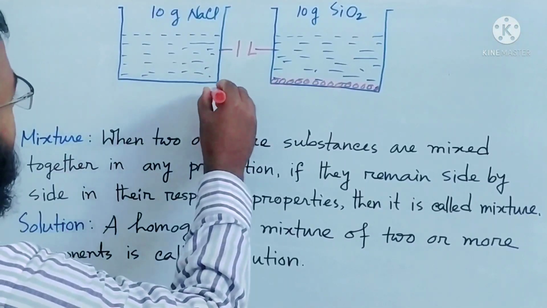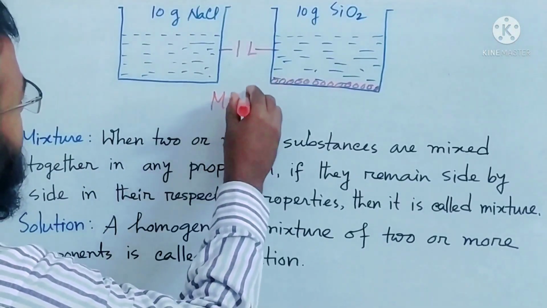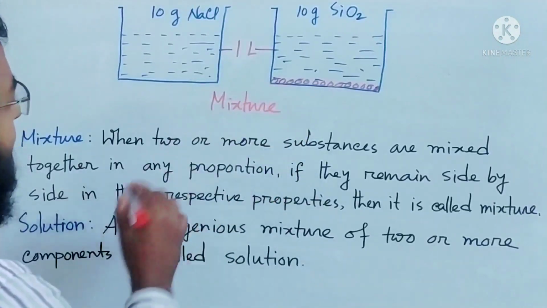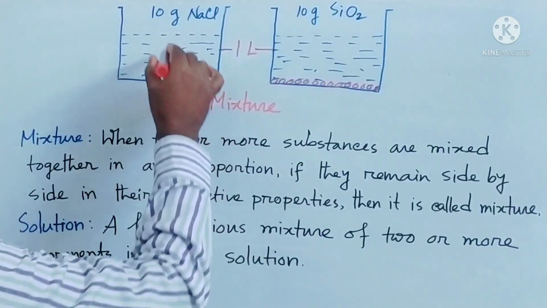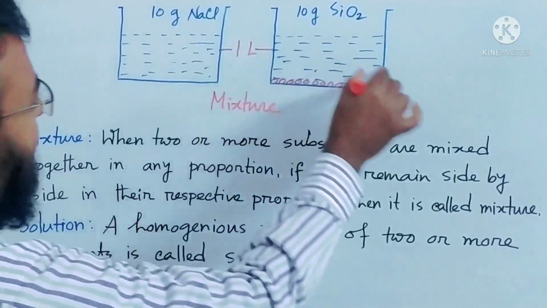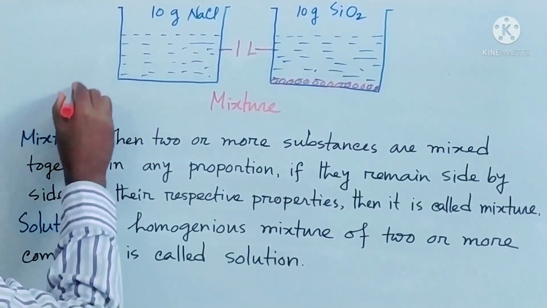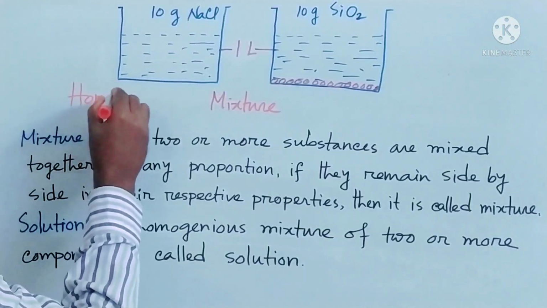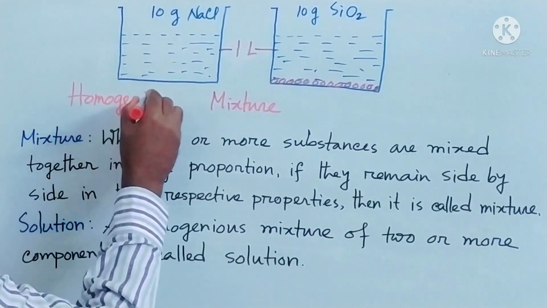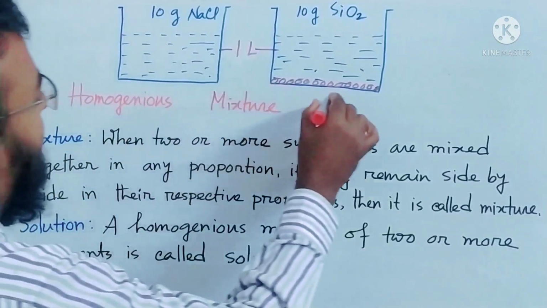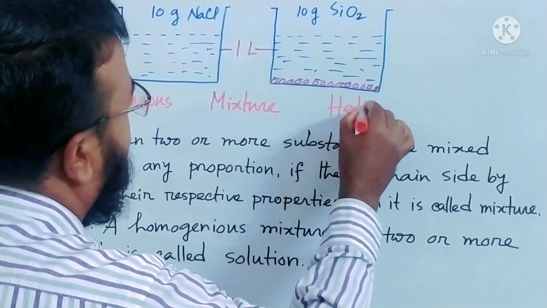So both are mixtures, but their types are different. See that this is a homogeneous mixture and this is a heterogeneous mixture. So the first one is homogeneous, and it is heterogeneous.